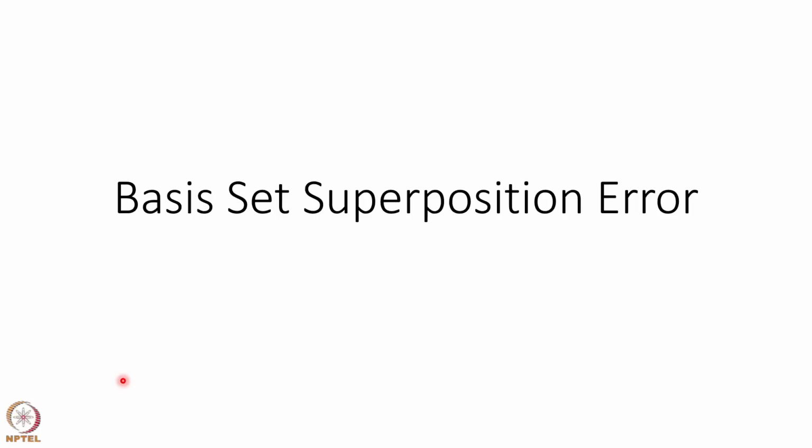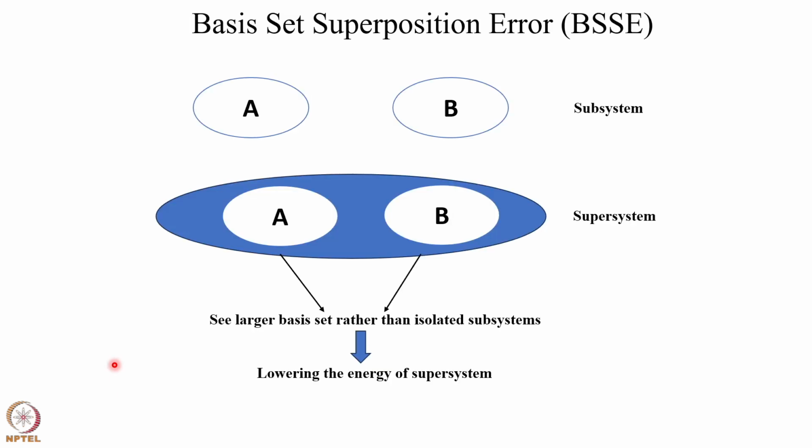For example, let us say I am calculating the binding energy of a subsystem. Let us say I have two systems A and B, and I am adding them together to make a super system.